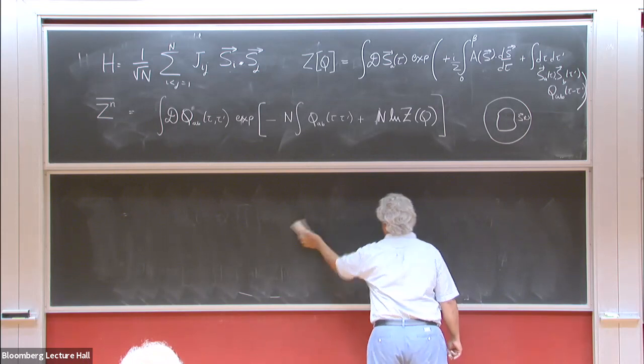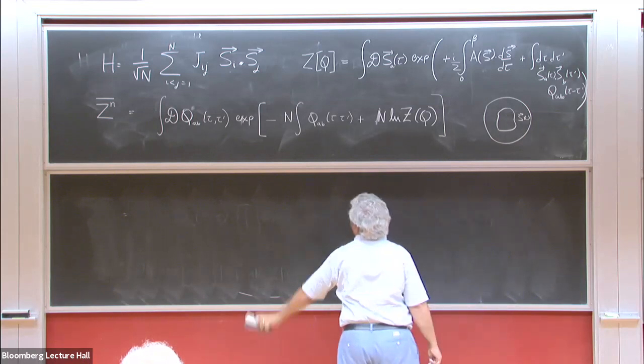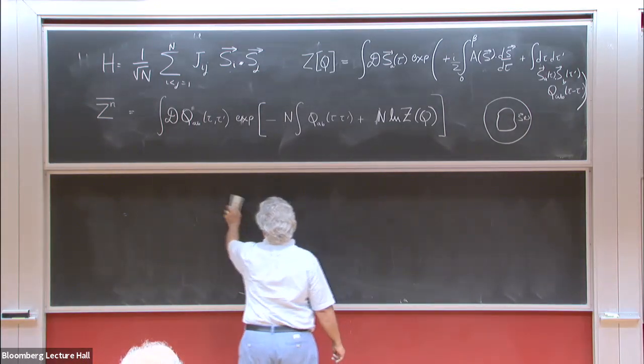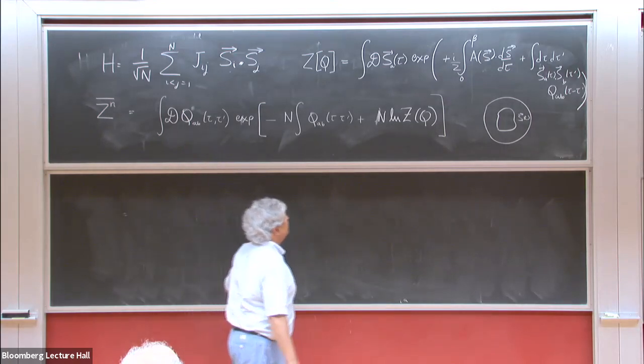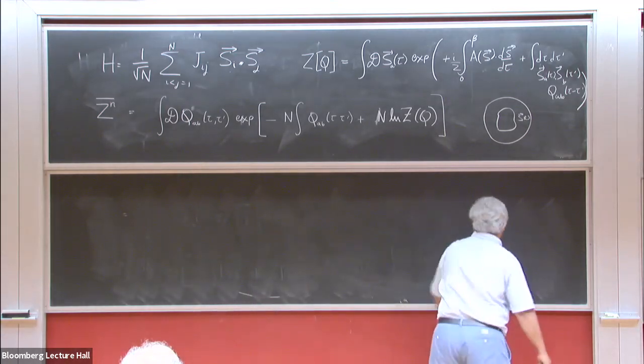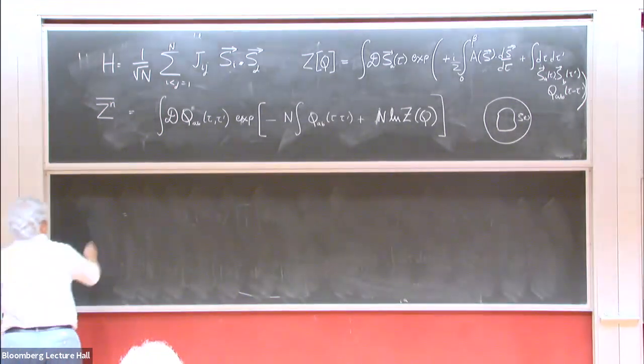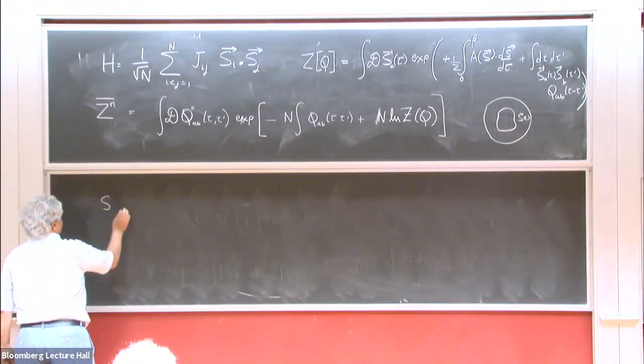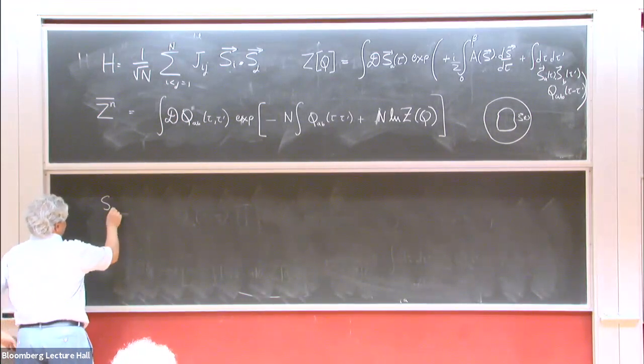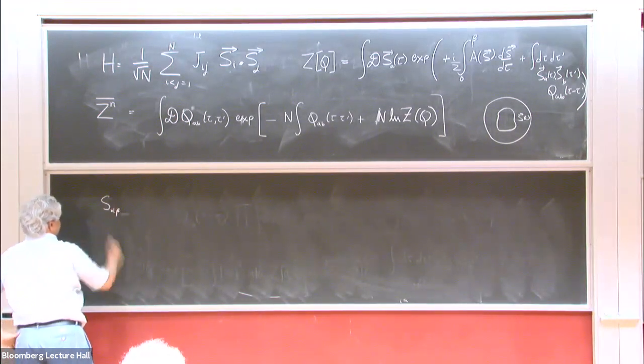So actually, let me keep things exact. At this point, everything is exact, other than the absence of spin indices on Q. Let me just write down. What you do is you take the spin operator and you write it in terms of fermions with indices alpha, beta.